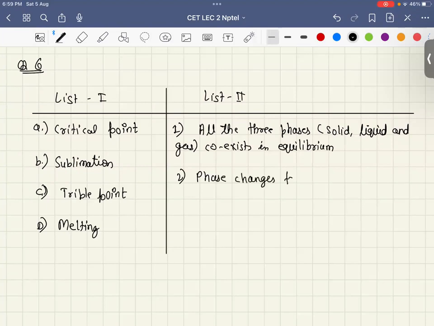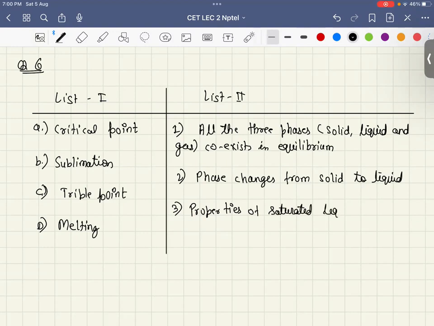The third is: properties of saturated liquid and saturated vapor are identical.